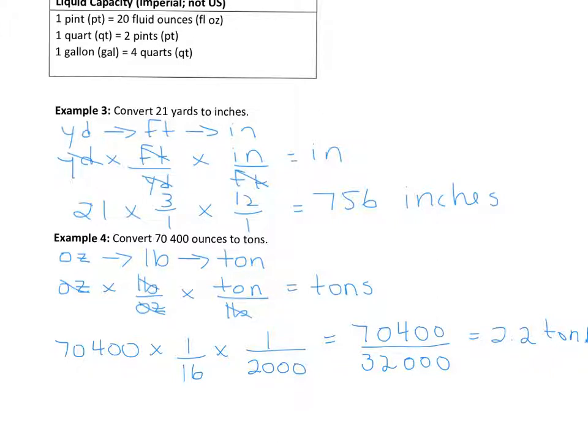Okay, and let's do one more example where I'm going from fluid ounces to quarts. So I'm using the liquid capacity or volume chart for this one. If you look at the chart, you can see that fluid ounces, that's FL OZ, goes to pints, PT, which goes to quarts, QT.